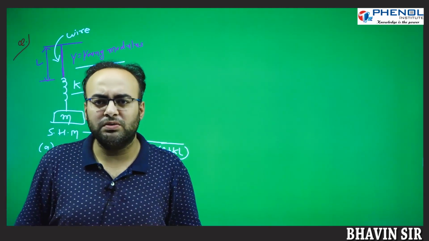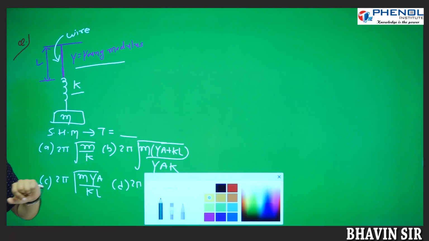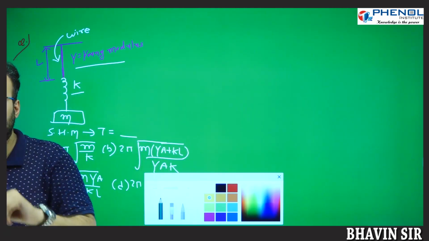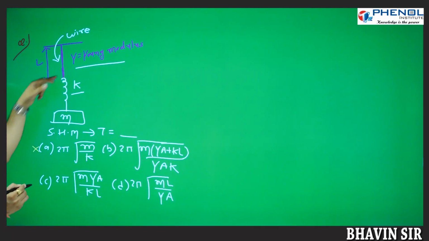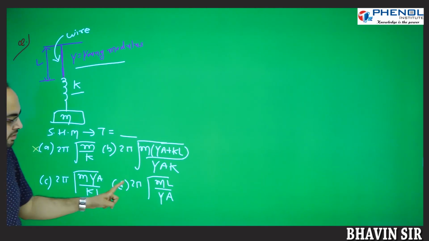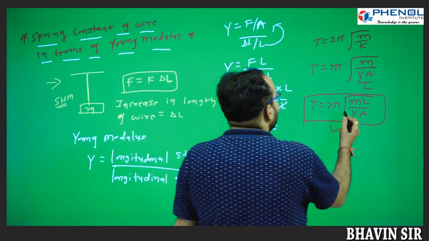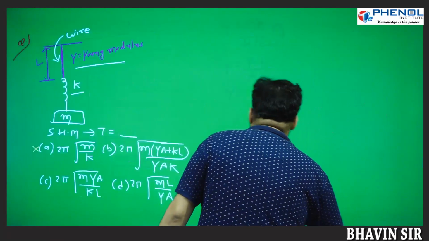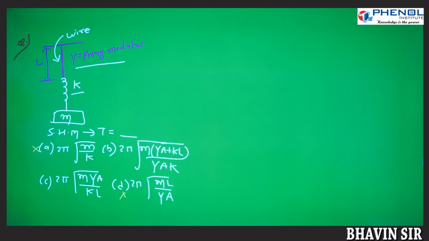This option is correct when only spring is connected with the block. But here both spring and wire are there. Similarly, when only wire is there, then we can write 2 pi under root ml by Y. But here both spring and wire are there, so this option is also wrong. So now two options are left, B and C.